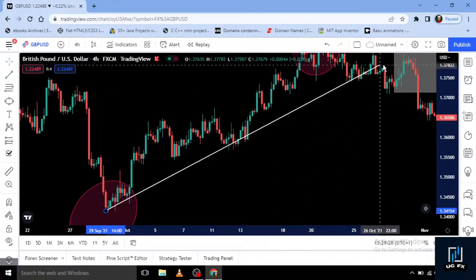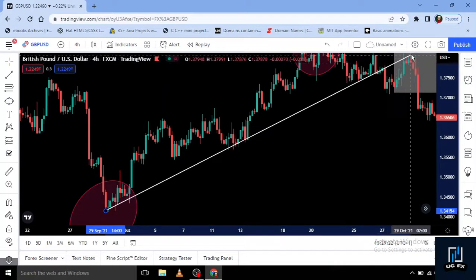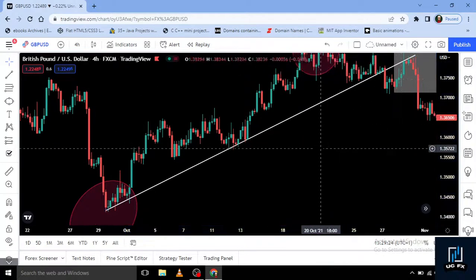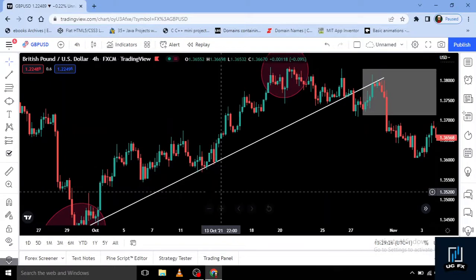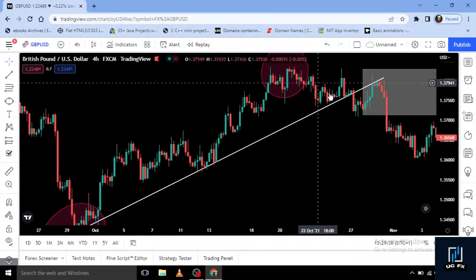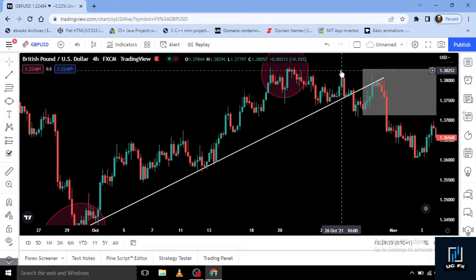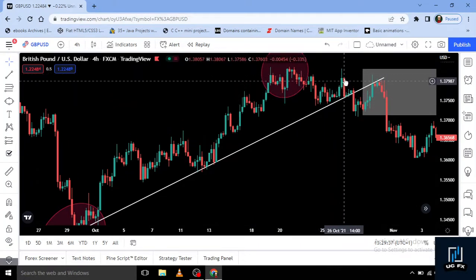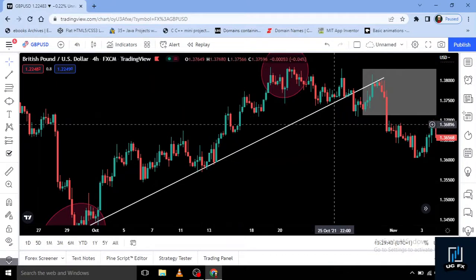Exactly, you will see how price came to the trend line, bounced off from the trend line, came here again, and bounced off a little. So this is actually where this market got liquidated. This is where most retail traders got taken out.